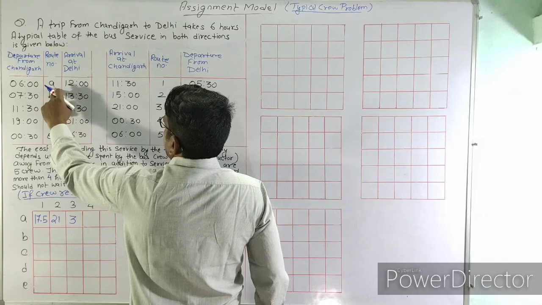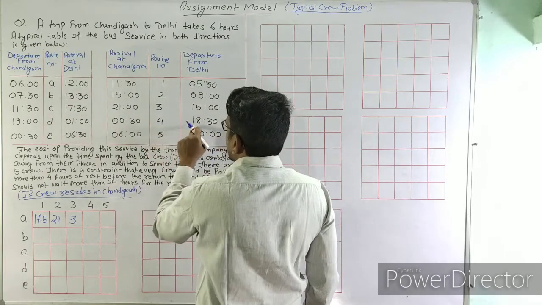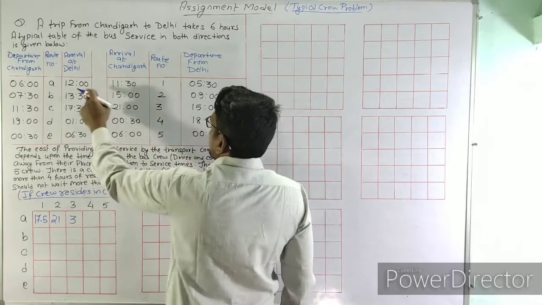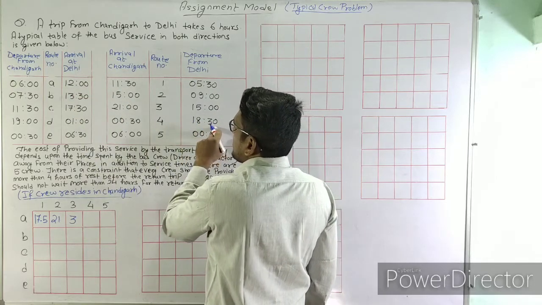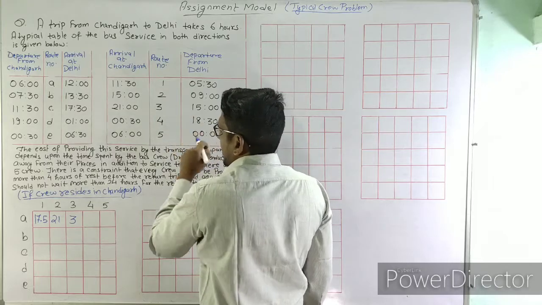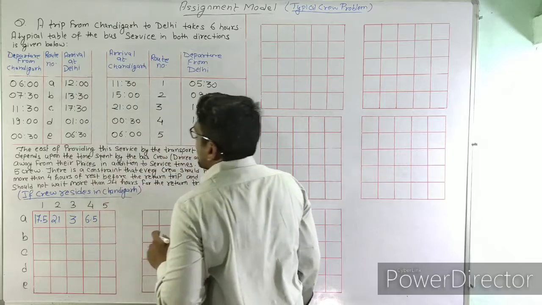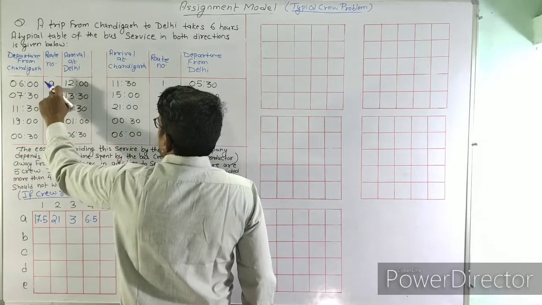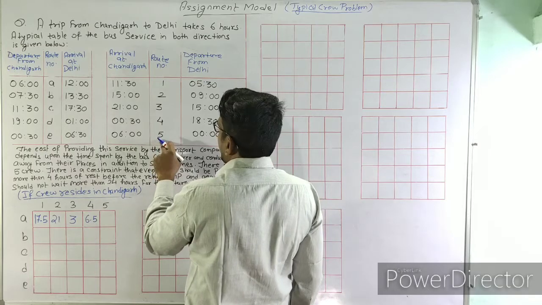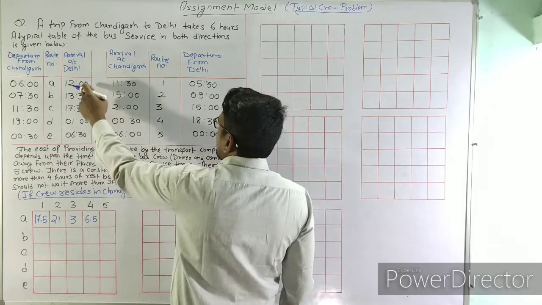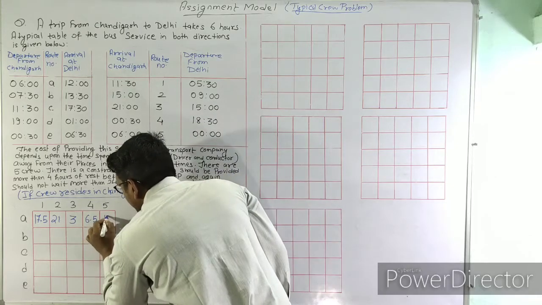If a crew arrives from route A and departs from route 4, at 18:30, the difference between 12 hours and 18:30 is 6.5 hours. If a crew arrives with route A and departs from route 5, the difference is 12 hours. So this is 12.